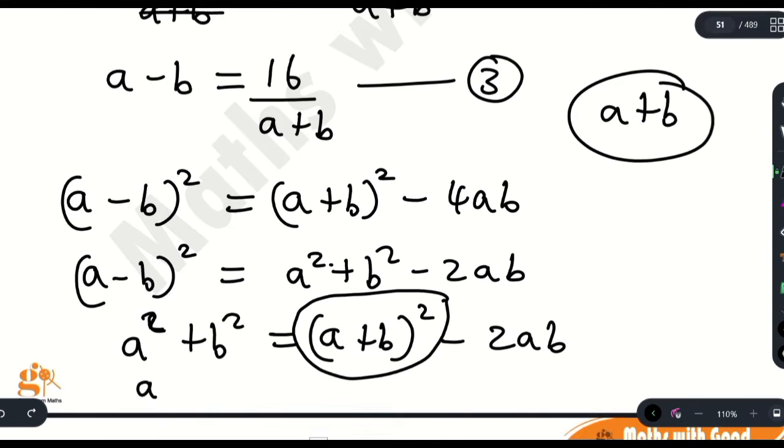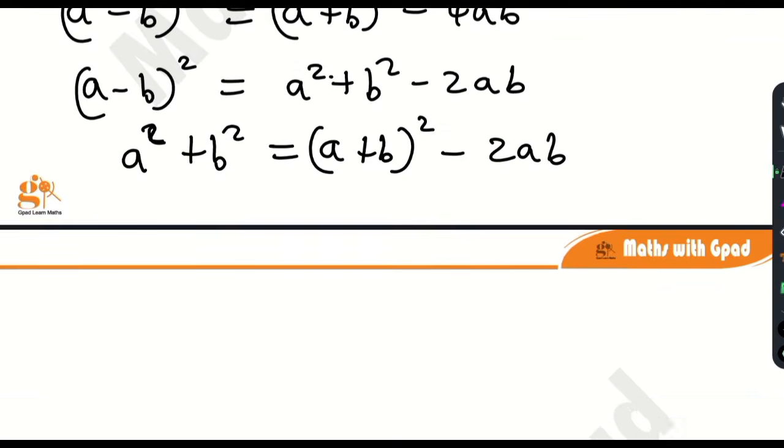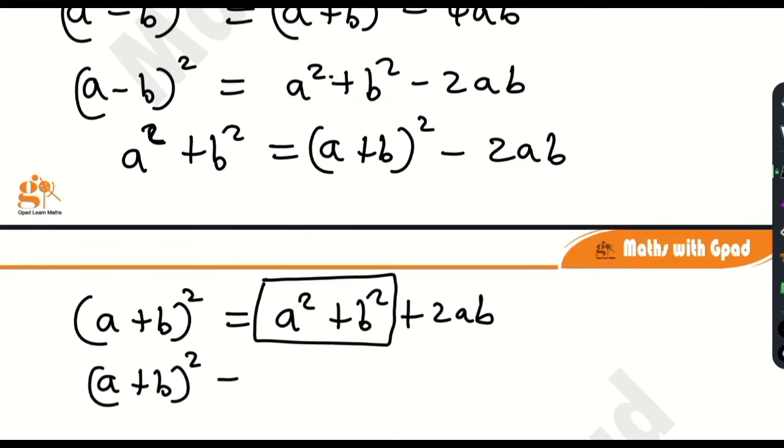If you expand a plus b all squared, you are going to get a squared plus b squared plus 2ab. Now, because I want to get an expression for a squared plus b squared, you can move plus 2ab to the left hand side. What are you going to have? You're going to have a plus b all squared minus 2ab is equal to a squared plus b squared.